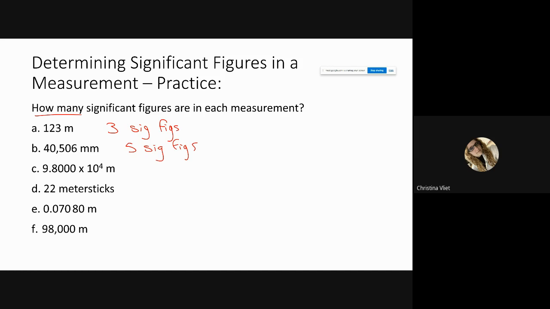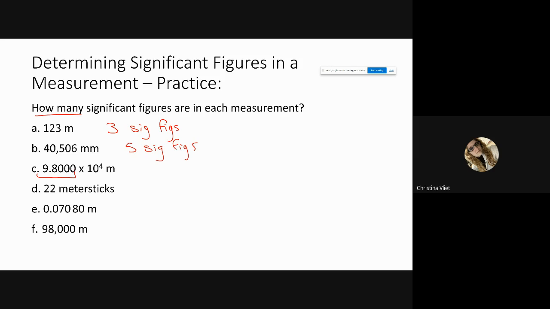Oh, I see why someone asked. The C has scientific notation, doesn't it? That's wild. So we're officially going to go over scientific notation next class. But just so you know for now, the whole purpose of scientific notation is to hold how large or how small a number is. So when you're looking at a measurement with scientific notation, all you have to do is look at the number in front of the scientific notation.